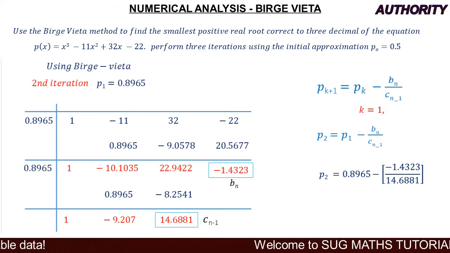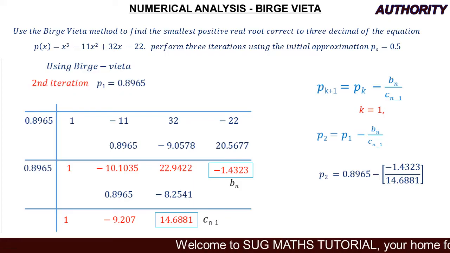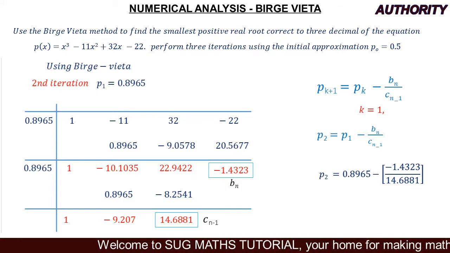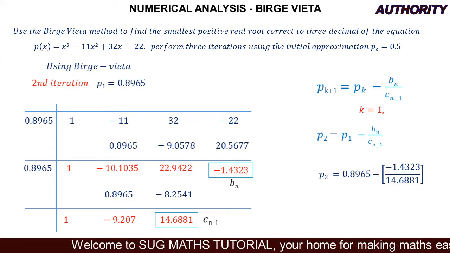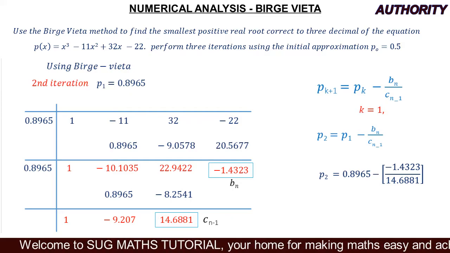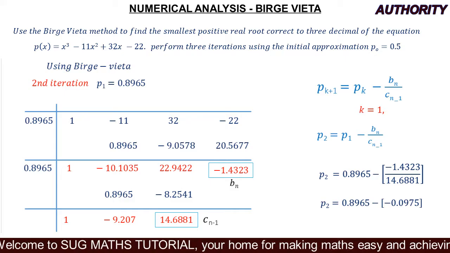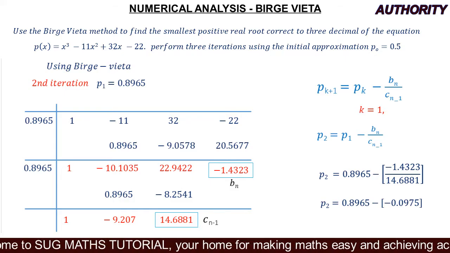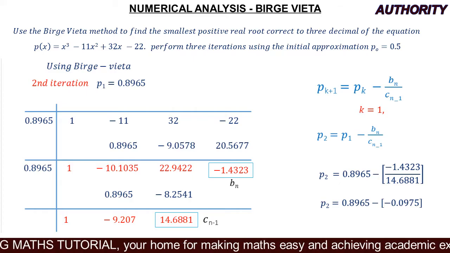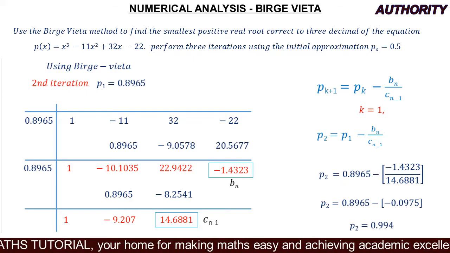So we have 0.8965 minus, open bracket, Bn, which is minus 1.4323, all over Cn minus 1, which is 14.681. When we simplify the bracket, it gives minus 0.0975.